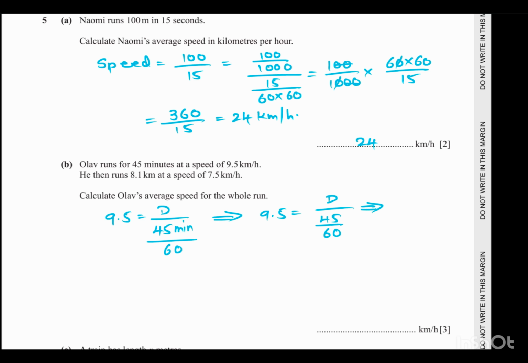This gives you 9.5 is equal to d by 1 into 60 by 45. Cancelling with 5, I get here 12 and here 9. Cancelling with 3, I get here 4 and here 3. So distance is equal to 9.5 into 3 by 4.